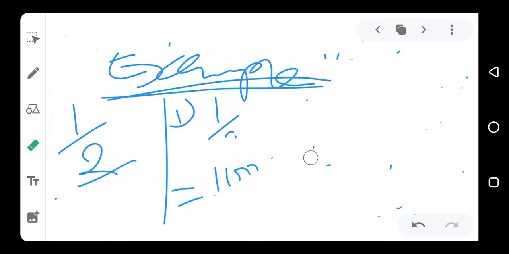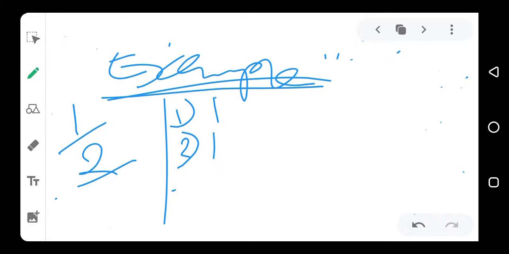First of all, write down the numerator. The numerator is 1, so we write 1. Then in step 2, multiply the numerator by 100, which is 1 times 100. This gives us 100.